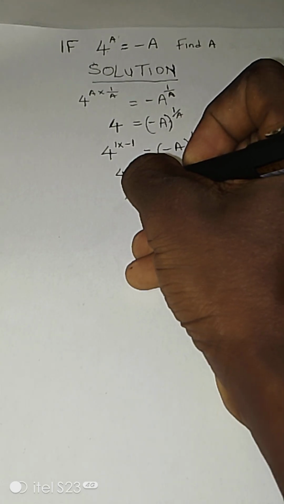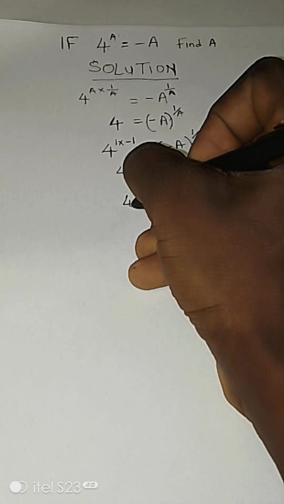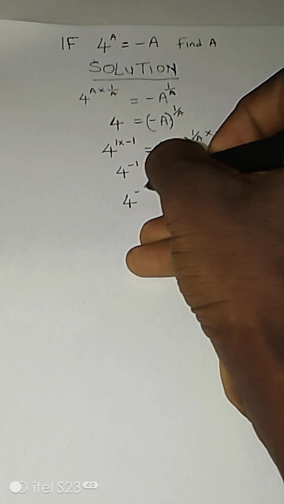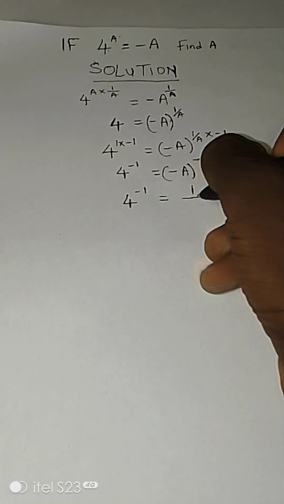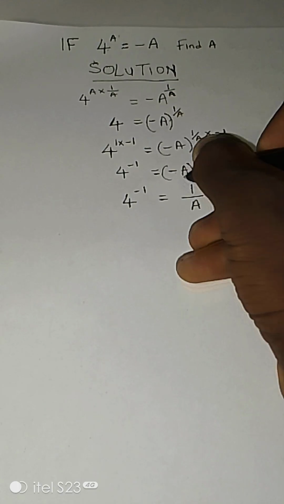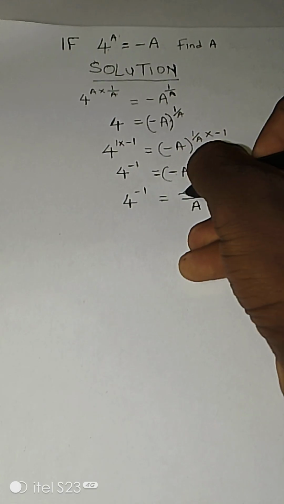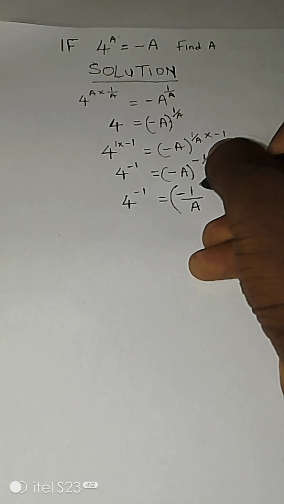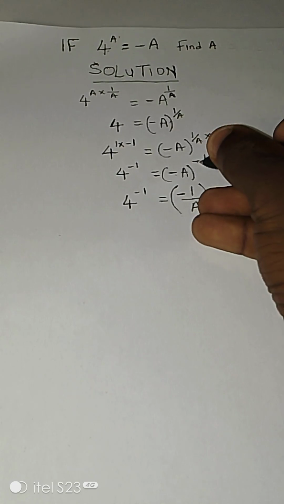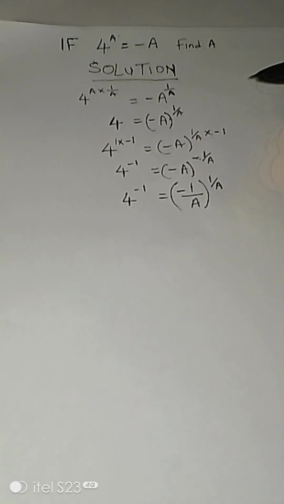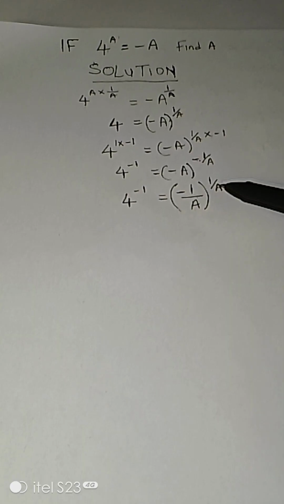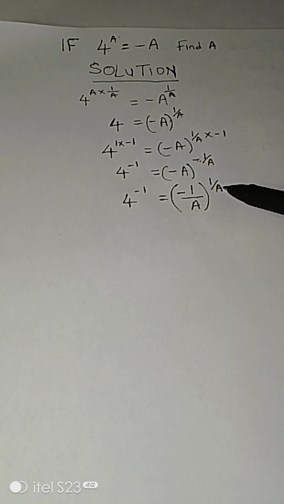So it becomes 4 raised to power minus 1 equals to 1 over a. Remember there's a negative sign, so the negative sign remains there. Now this minus have been removed, so we are left with 1 over a. Now you can see that we have 1 over a here and we also have 1 over a here. So it's going to be a bit easy now.